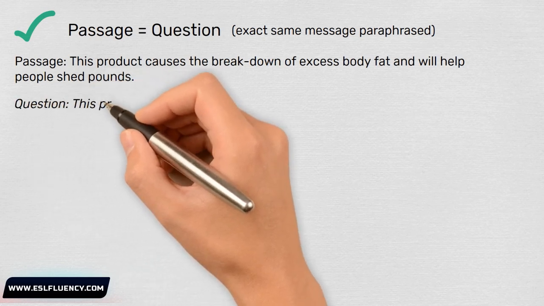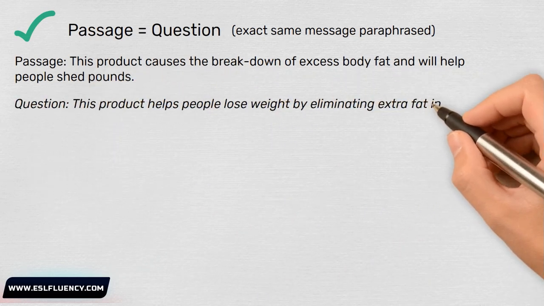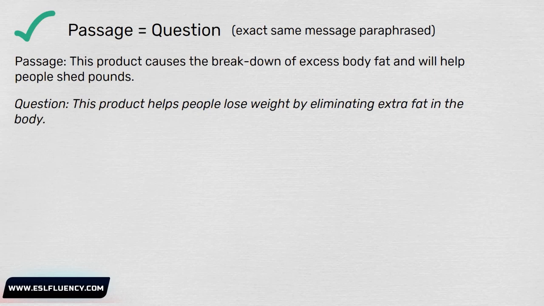This product helps people lose weight by eliminating extra fat in the body. Well, both of them say the exact same thing. Basically, the product helps people lose weight by burning extra fat. That's all they say and nothing else. So the answer here is true. Don't worry, we are going to practice more examples once I'm done with the other two.